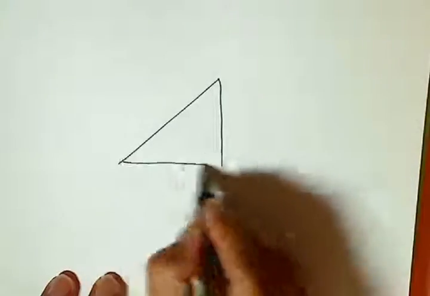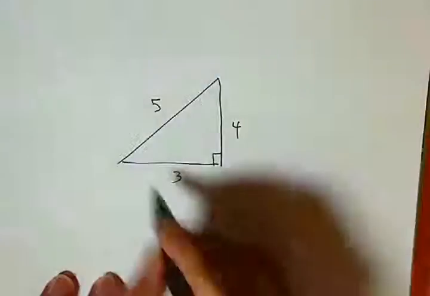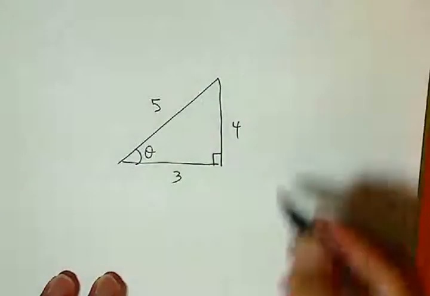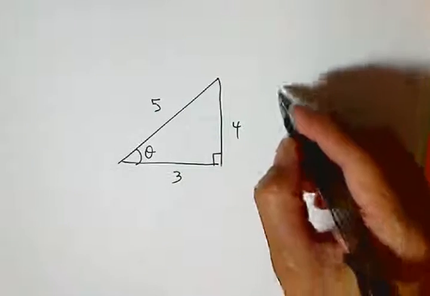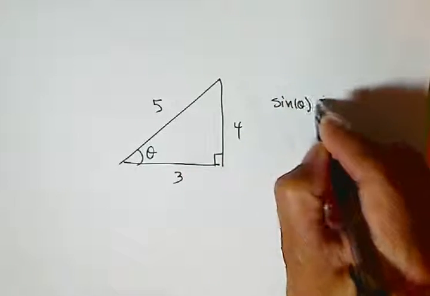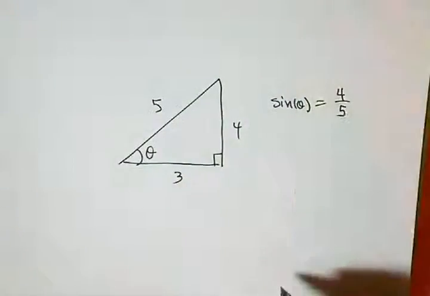Let's look at one quick example. Let's look at our familiar 3, 4, 5 triangle, not really drawn to scale. And there's my angle theta. So let's talk about the ratios given this very specific triangle. The sine of theta, remember, is opposite over hypotenuse, or 4/5.